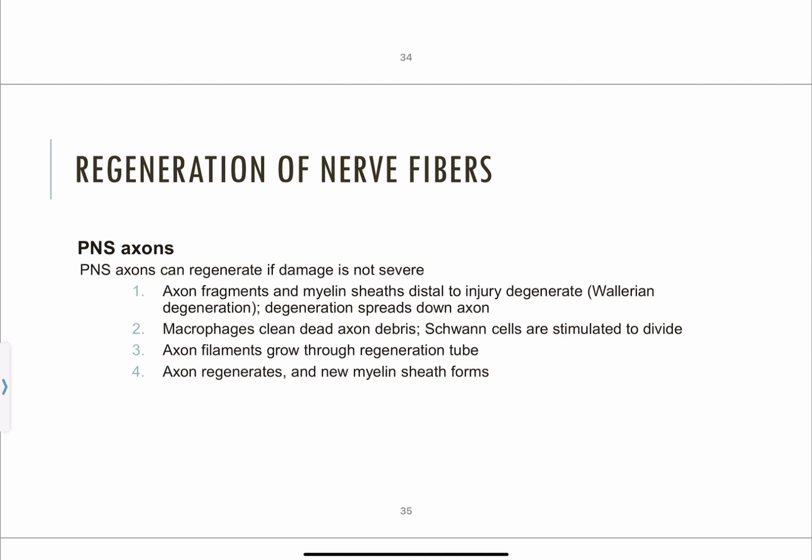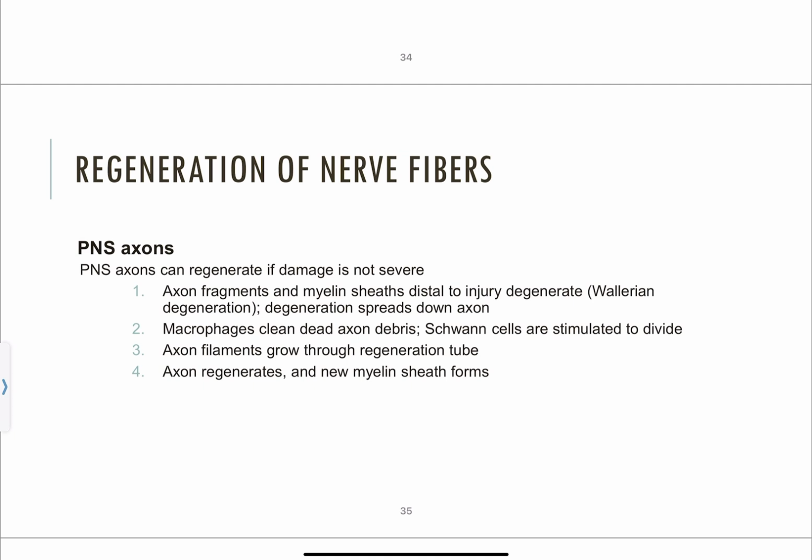There's 4 basic steps. If the damage isn't too severe, the axon fragments and the myelin sheaths in the distal area are going to degenerate. That's called Wallerian degeneration, and this degeneration is going to spread down the length of the axon. I'll show you an image in a second. Obviously, if we have damage to any one of our axons, we're going to have some debris. It could be cell debris, debris from the axon damage itself.